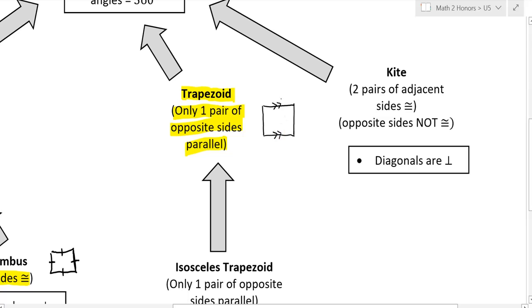And the sides that are parallel are what we call the bases. So it's got two bases. This would be base 1 maybe, and this would be base 2. It doesn't matter which one's base 1, which one's base 2. But this thing would have two bases, and then the other two sides would be called the legs. So leg 1, and leg 2. Okay, so those are the legs.